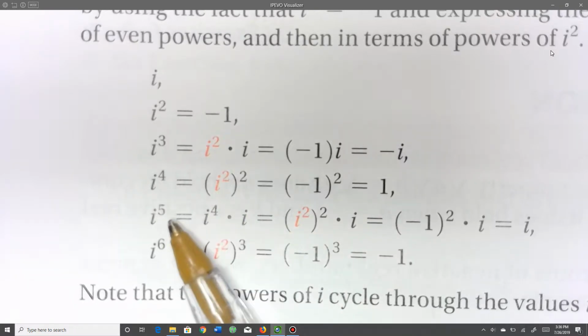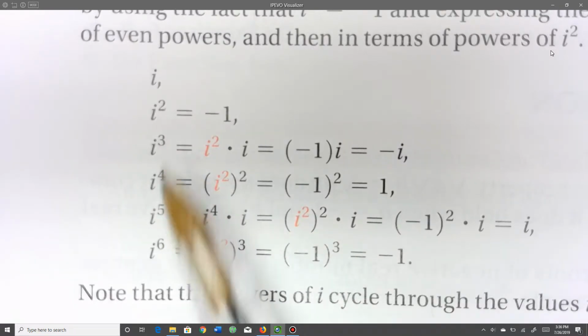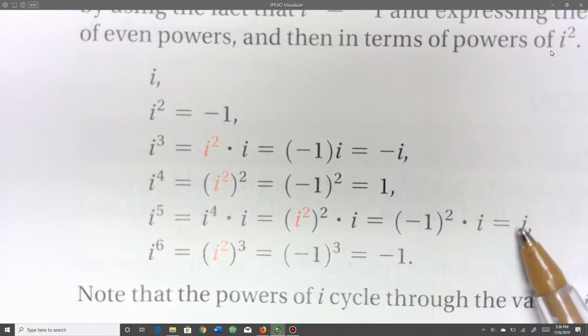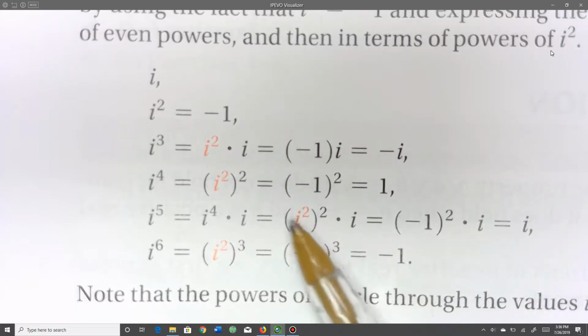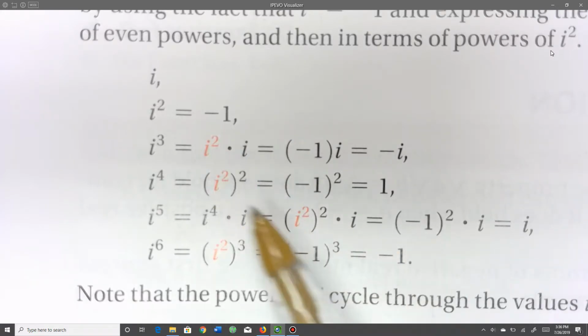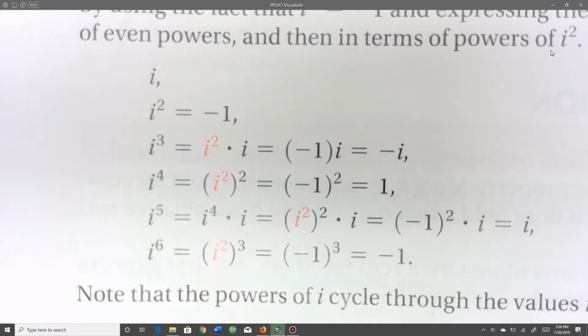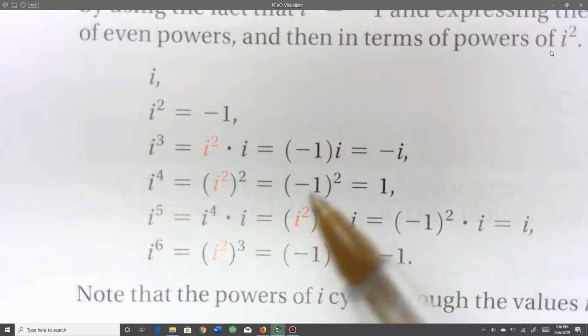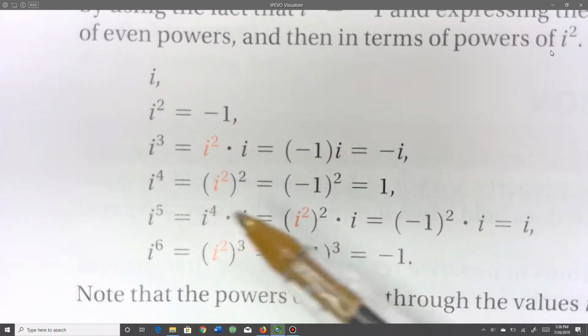Whenever you have odd exponents, you get a negative or a positive i. It all depends on this step here. Let's see if we can break it down even further. Okay, so think about it.